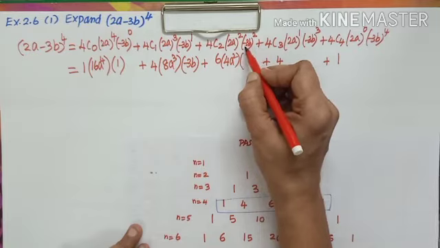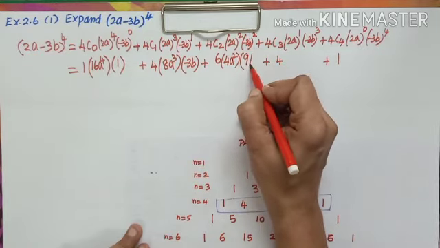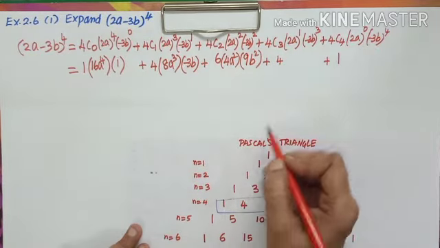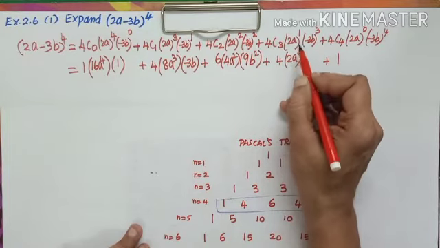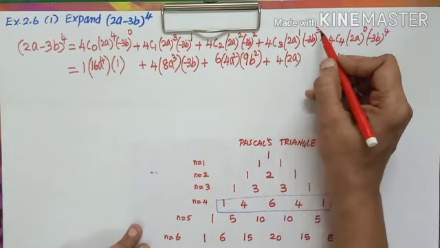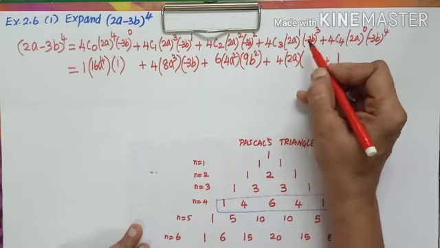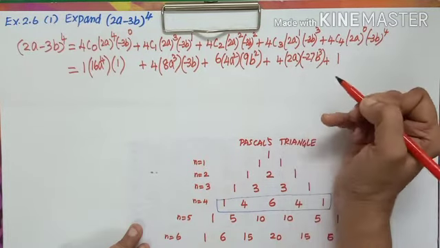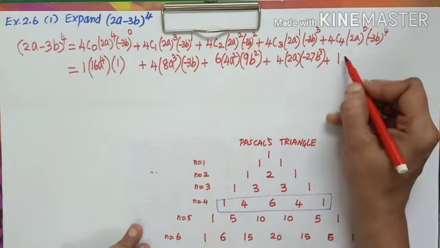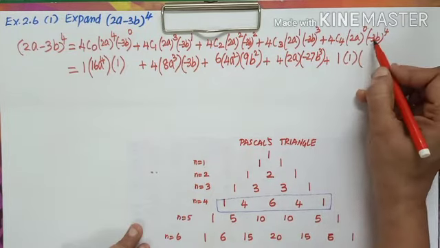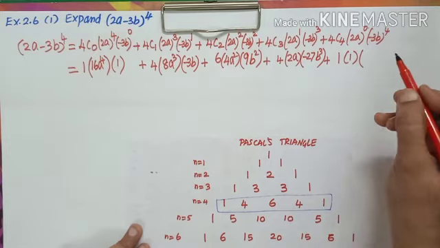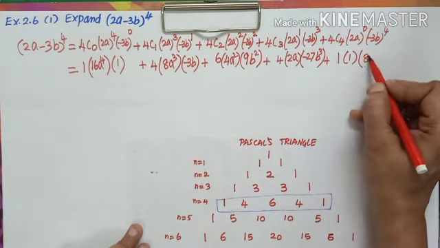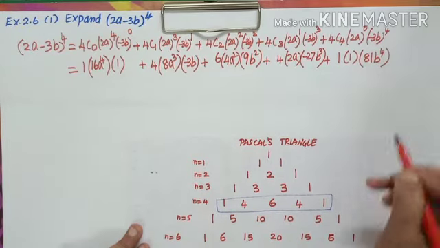(Minus 3b) the whole square, minus 3 square is 9, b square, you write as it is. 2a power 1 is 2a. (Minus 3b) power 3, minus 3 into minus 3 into minus 3 is minus 27b cube. Anything power 0 is 1. Minus 3 power 4, minus 3 into minus 3 into minus 3 into minus 3, 81 b power 4.